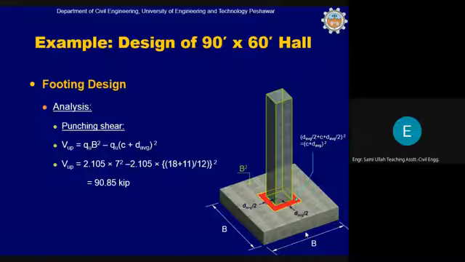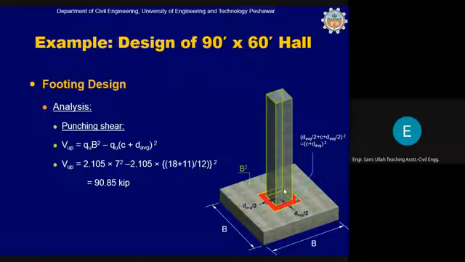Similarly, when the column tends to transfer this load through this footing pad to the ground, there is a possibility of making a hole in this footing pad, just like a needle. If you want to push a needle through a piece of paper, it is likely that the paper will be punched, or a hole will be made in it, unless you increase the thickness of the paper.